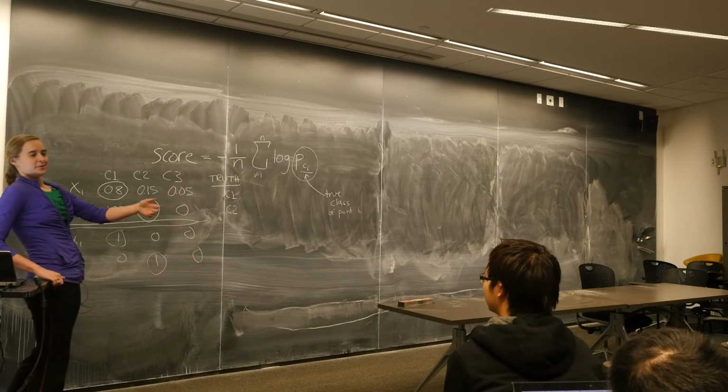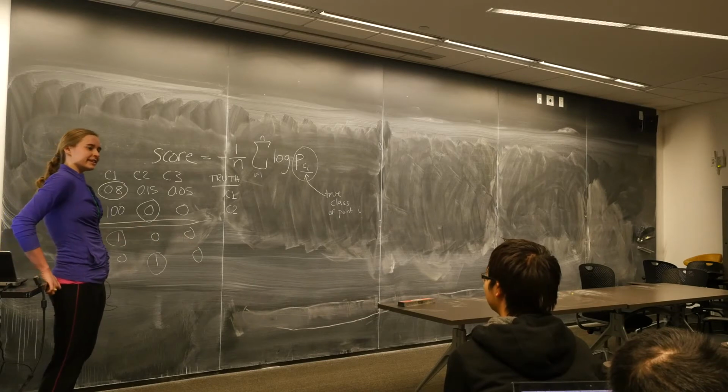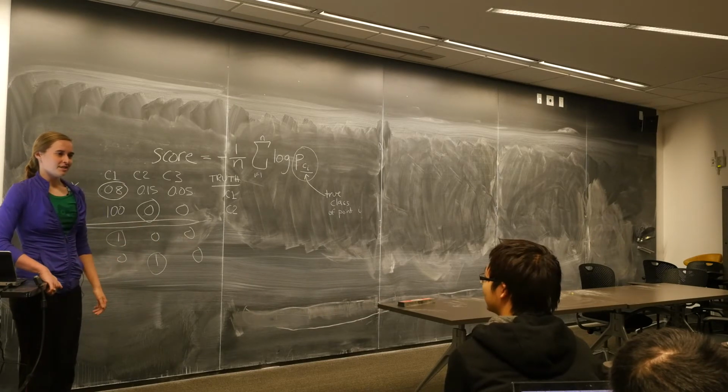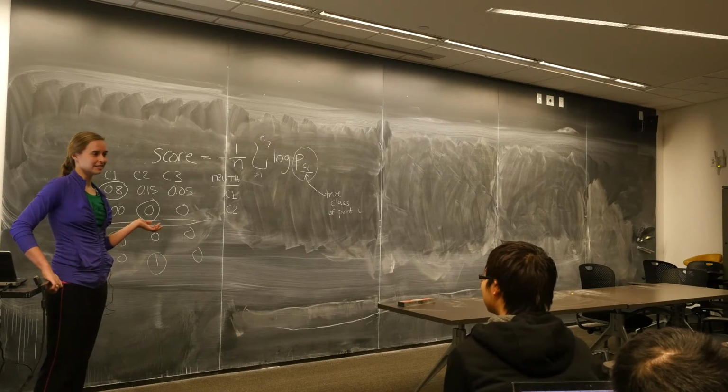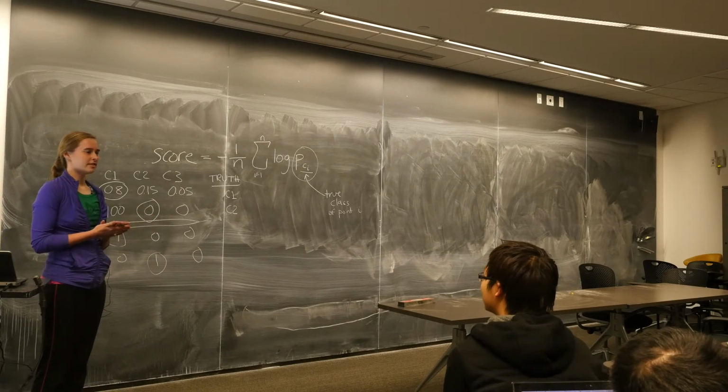Now that you know about boosting, you can do boosted decision trees, which do really well in a lot of these practical contests. Those are the things that do really well a lot of the time.